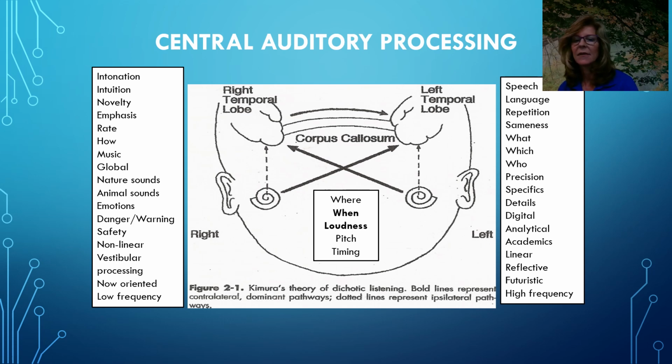And then after the information passes through the brainstem, it travels to higher levels of the brain. The information crosses over from one ear to the opposite hemisphere of the brain. So the dominant pathways in hearing are very similar to the dominant pathways in motor skills.